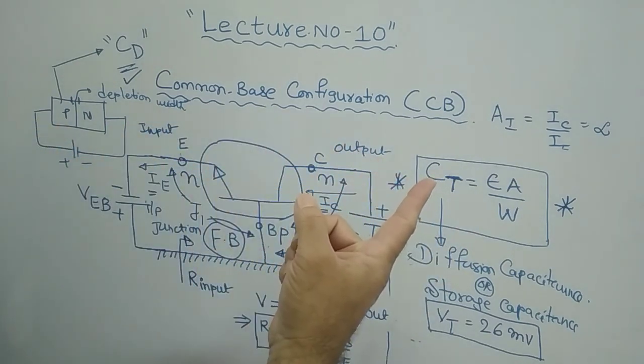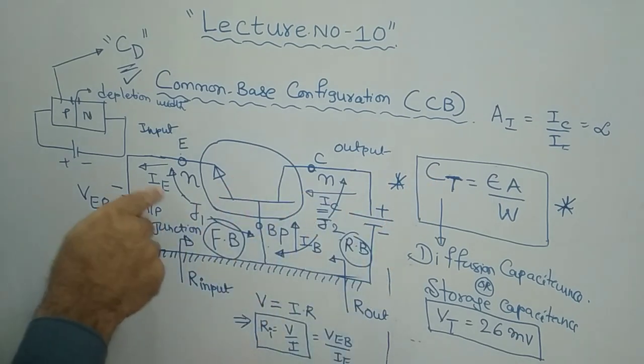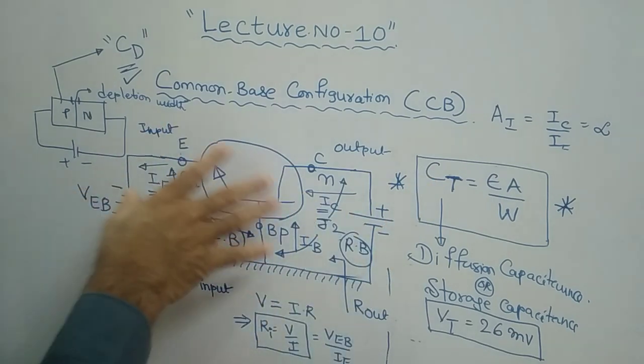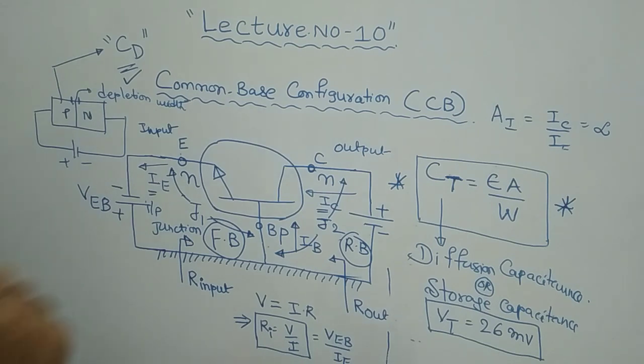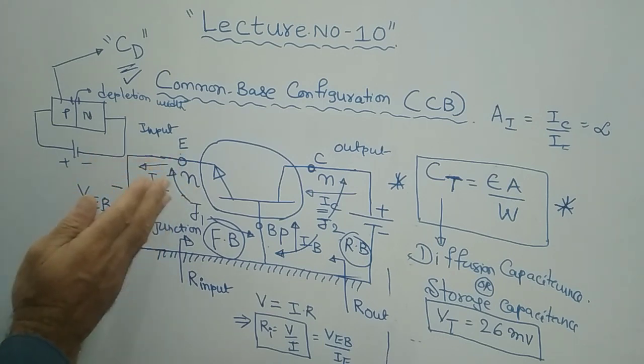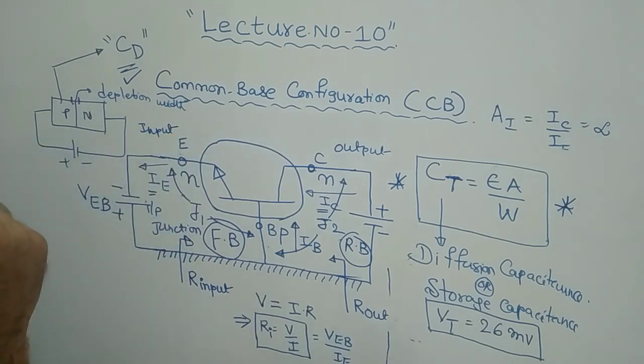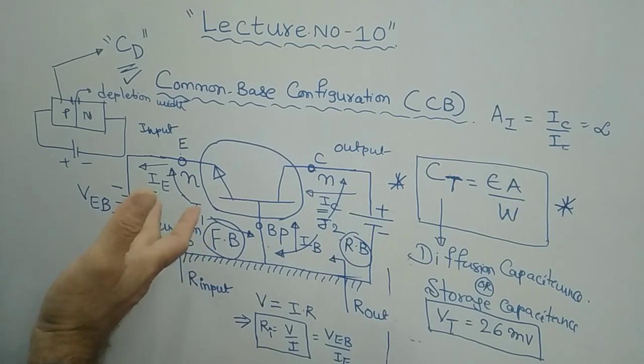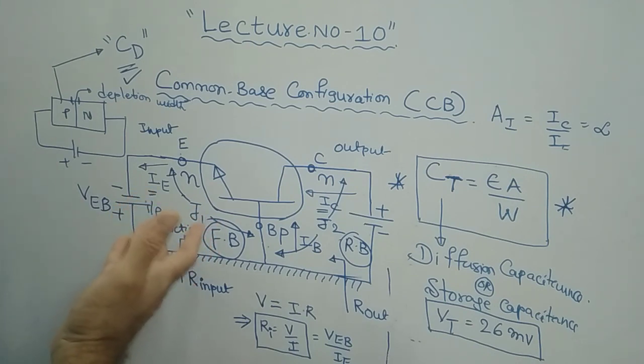Not only is the current gain less here, even the input impedance is also very less for the common base configuration. If you calculate the input impedance based on this formula, you will normally get a very small value. The input impedance is maybe in the order of ohms only, about some 50 ohms, like that you will normally get.